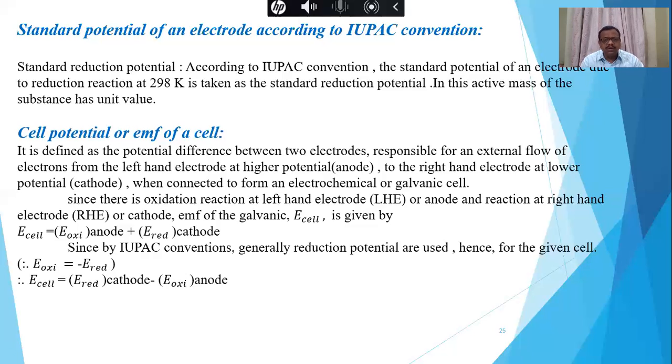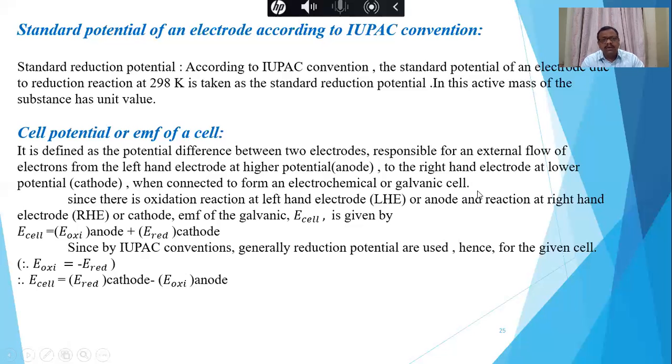The cell potential or EMF of a cell is defined as the potential difference between two electrodes responsible for an external flow of electrons from the left hand electrode at higher potential to the right hand electrode at lower potential, when connected to form an electrochemical cell or a galvanic cell.